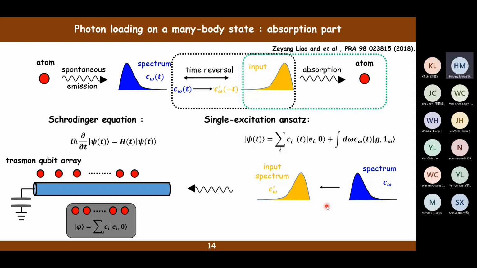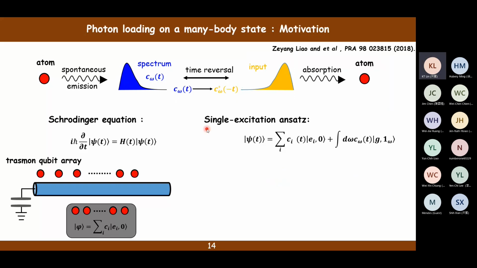Okay, I see. So this means that this system only has single excitations, so the evolution must be confined in the single-excitation subspace. Okay, good. That's why we only consider this single-excitation state. Okay, thank you. All right, so now we have this concept applied to our system.